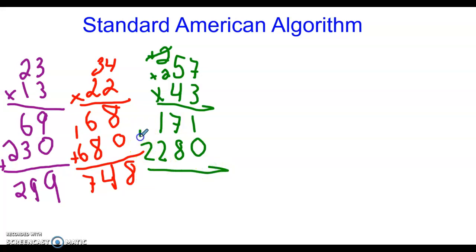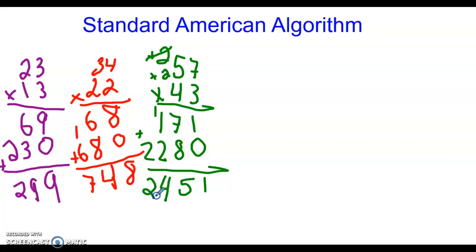Add them up. 1 plus 0 is 1. 7 plus 8 is 15. Carry the 1. 2 plus 1 is 3 plus 1 is 4. And 2 plus nothing is 2.